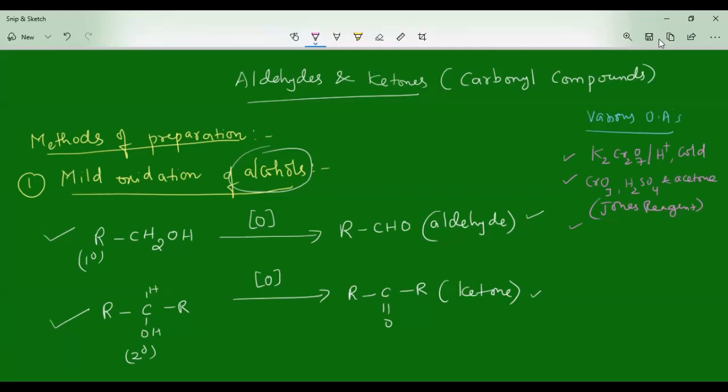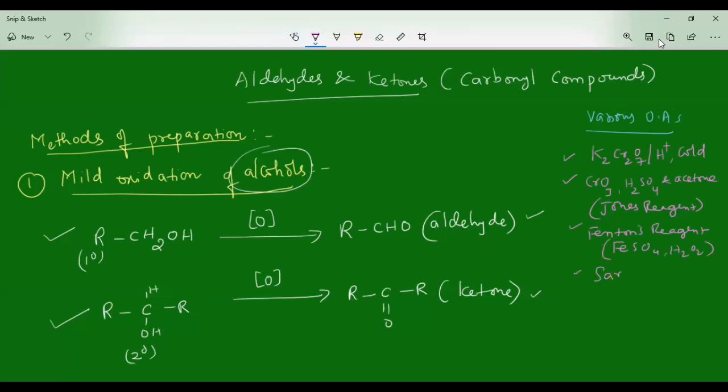Another one we have is Fenton's reagent, which is FeSO4 in H2O2 medium. You can also use Sarett reagent.